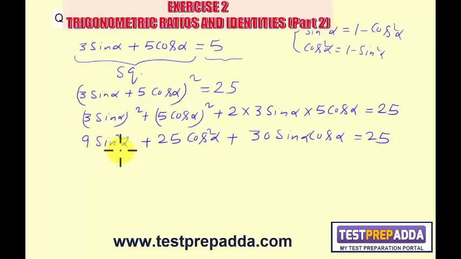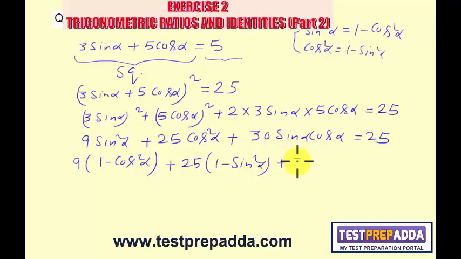You can see sin square alpha here. So I can write this as 1 minus cos square alpha, and cos square alpha I can write as 1 minus sin square alpha, plus 30 sin alpha cos alpha is equal to 25.